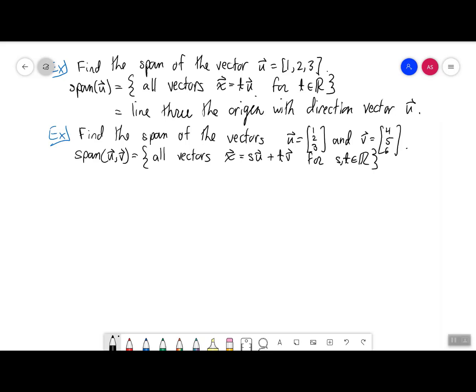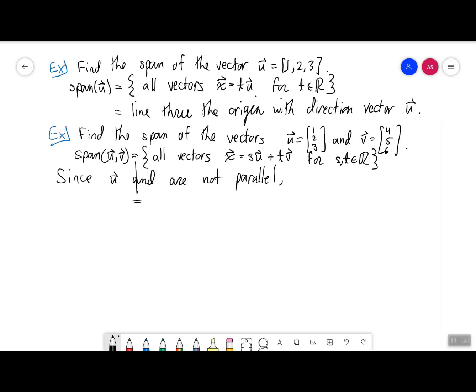But there's one thing that we have to make sure before we can conclude that this is in fact a plane. And that's, we need to make sure that these two vectors u and v are not parallel. Well, just looking at these, neither is a multiple of the other, so indeed the vectors u and v are not parallel. So since u and v are not parallel, we can conclude that their span is a plane, and we can choose one particular point in that plane to be the base point.